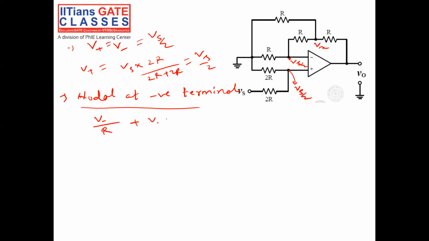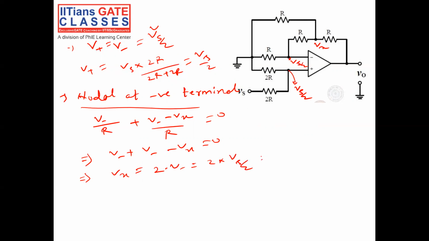V negative by R plus V negative minus Vx by R equal to 0. This implies V negative plus V negative minus Vx is equal to 0, so Vx is equal to 2 into V negative. V negative is Vs by 2, so 2 times Vs by 2 equals Vs. So Vx is equal to Vs.